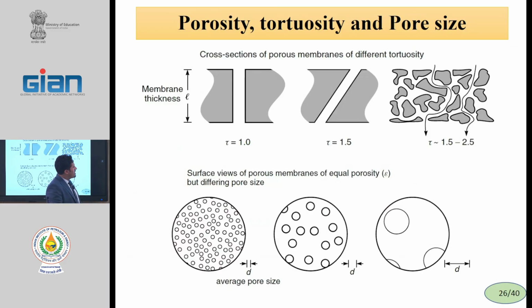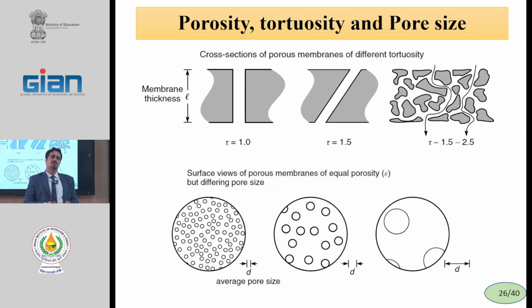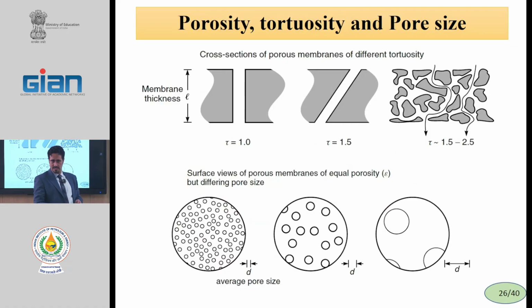In this schematic, you see three different membranes that have small pores, medium pores, and big pores. Okay? But the three membranes have equal porosity. I want to say that surface porosity is different from pore size. Maybe pore size is big, but porosity is small.